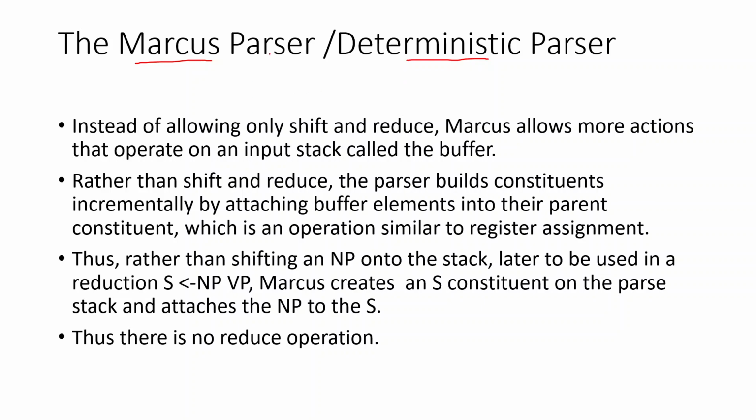In the Marcus parser, instead of shift and reduce operations, it allows more actions. Rather than shift-reduce operations, the parser builds constituents incrementally by attaching buffer elements into their parent constituent.